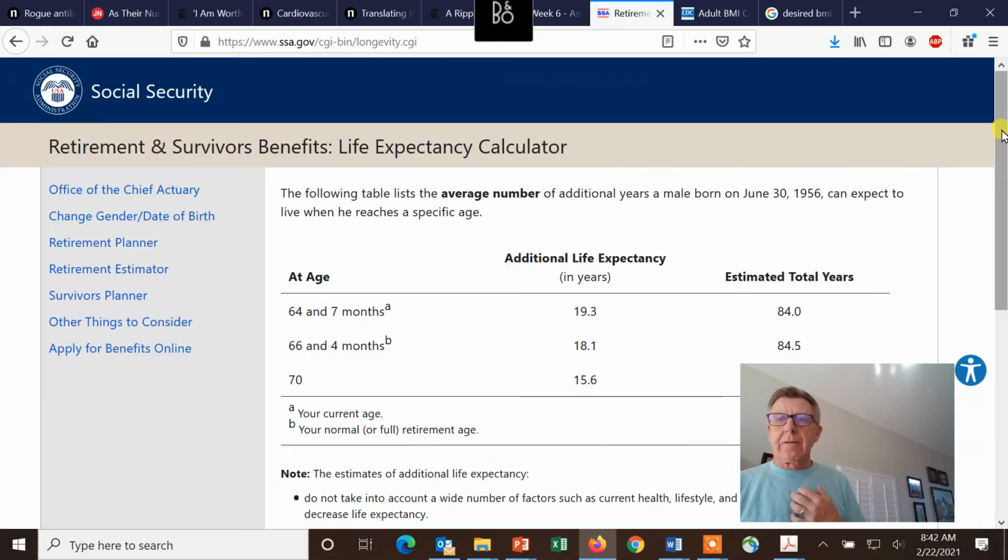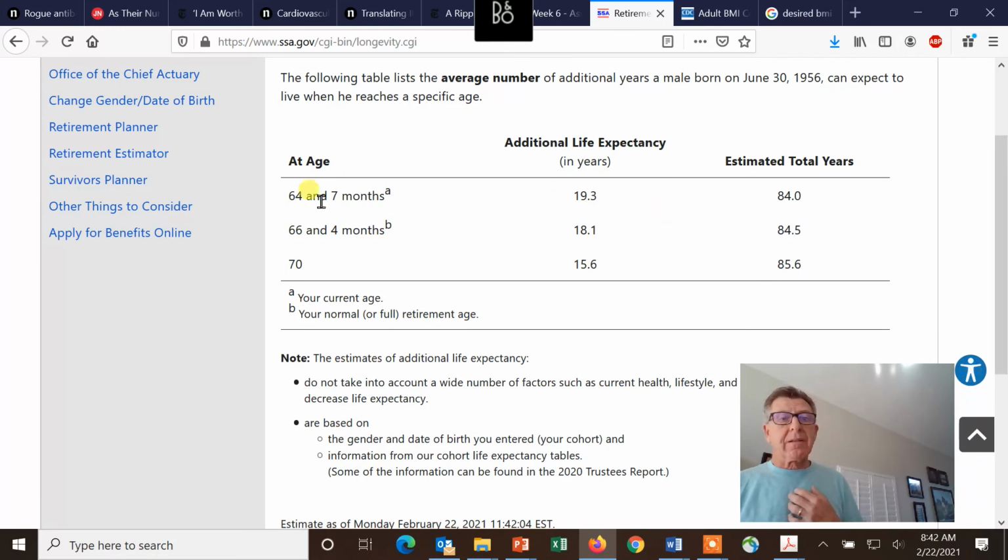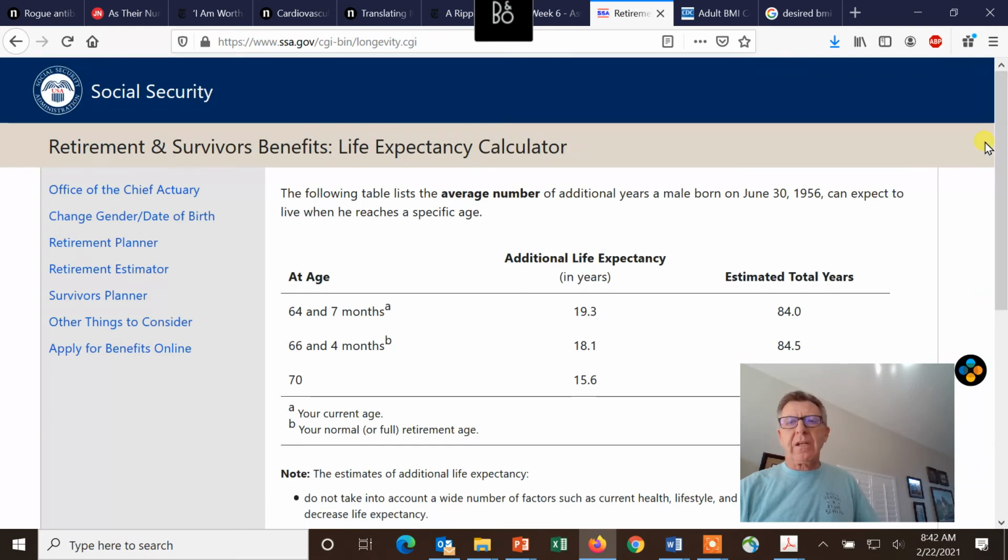I have an additional life expectancy here, just because of a rudimentary analysis by epidemiologists of people my age. If I've gotten to this age right now, then I have a pretty good chance of getting to here. All right.